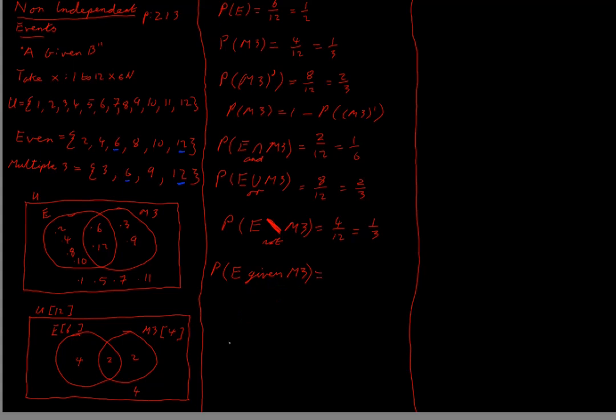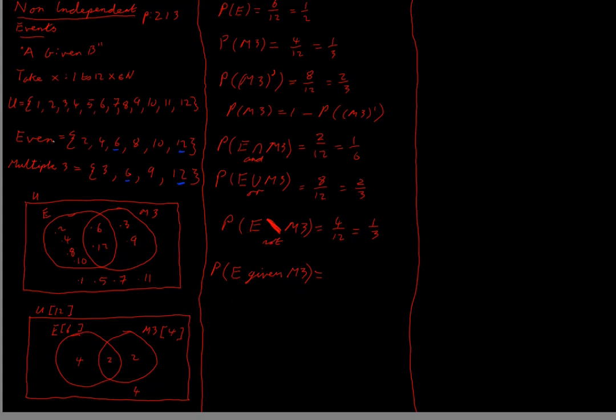If we're told that we have picked one of our numbers, we know that we're picking from a group of 1 to 12. But if we're told when we're playing a game or something that we pick a number and we're told that the number is a multiple of 3, so we are given that it is a multiple of 3. Given that it is a multiple of 3, what is the probability that it is even?